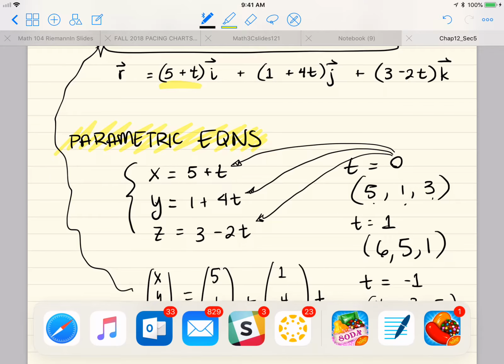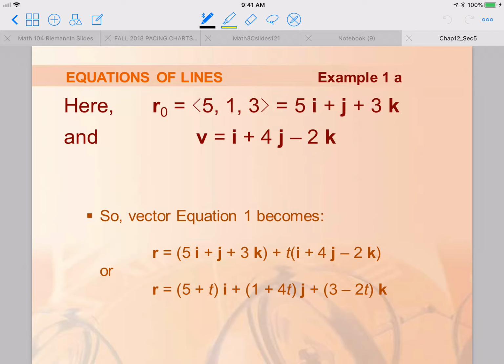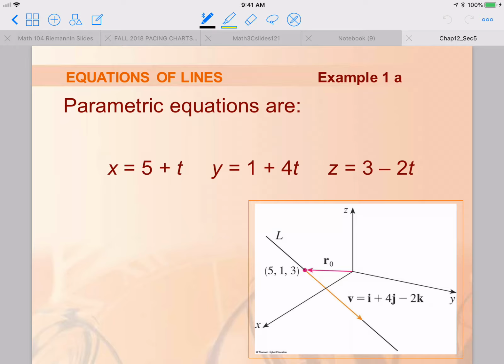Okay. And so here we have the solutions. Same thing, just different notation. And this is a better sketch. I wanted to include this because this is a better sketch than the sketch that I have. So we've got our vector here, which is giving us direction, i plus 4j minus 2k.